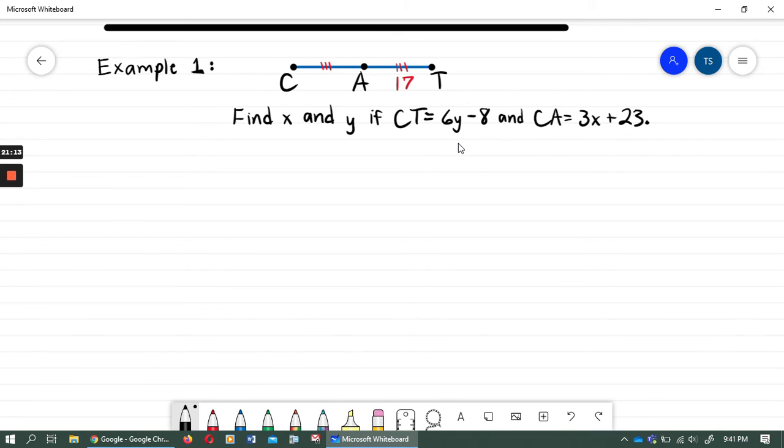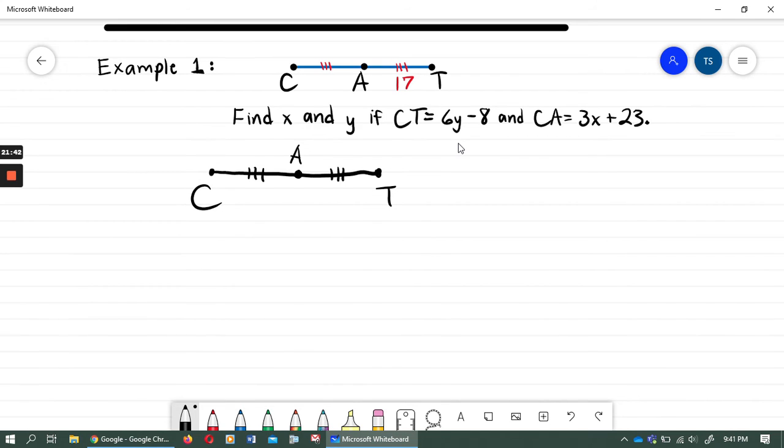Based on what we just looked at, if you have those matching little tick marks, that means they're congruent. So if these two parts are congruent, that means point A is bisecting this segment CT.